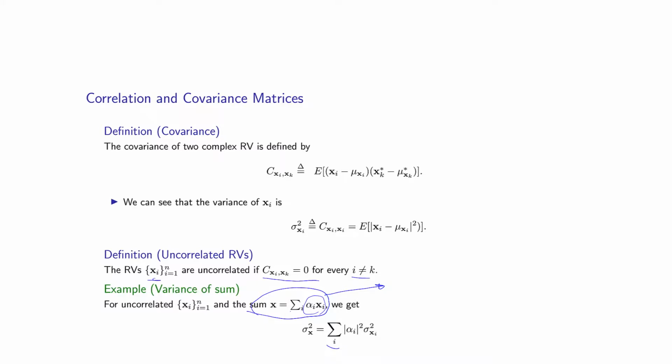Their cross correlation is 0, so only the self correlations, or the variances, are not 0. This is the most important property of uncorrelated random variables, either complex or real.